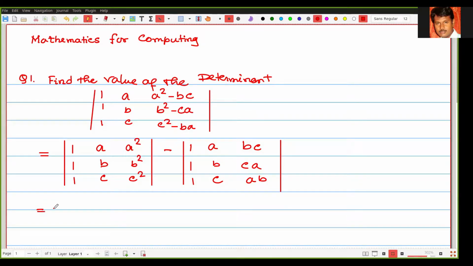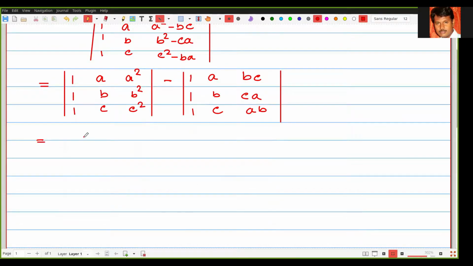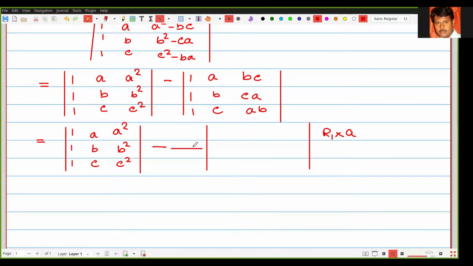So now we can write that one in that way. The first determinant is remaining the same, that is 1, 1, 1 according to the first column, the second column A, B, C, third column A square, B square, C square, minus, in row 1 we are multiplying by A. So obviously 1 by A should be there, and the first row is now A, A square, ABC.